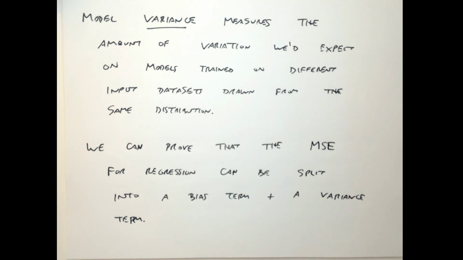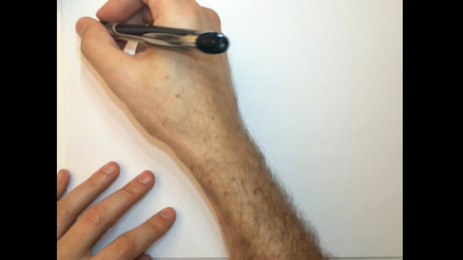So I'm going to make this a little bit more mathematical without actually proving the math. Instead of saying it in words, let me say it in equations, right? So here's the setup.